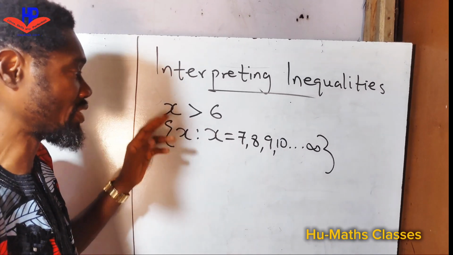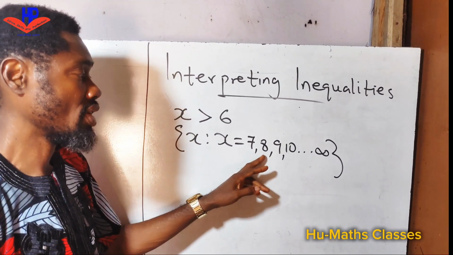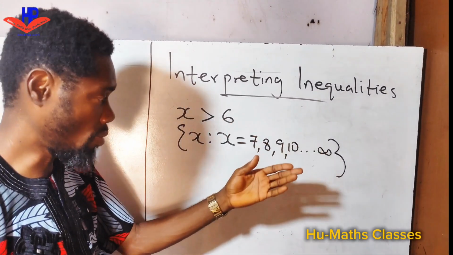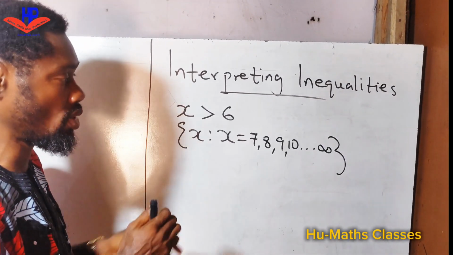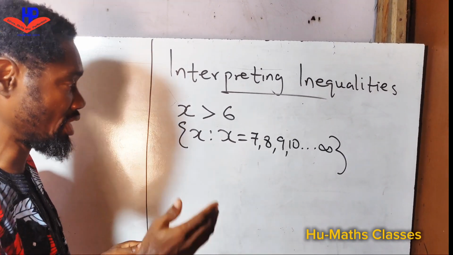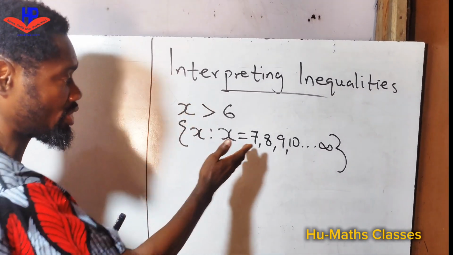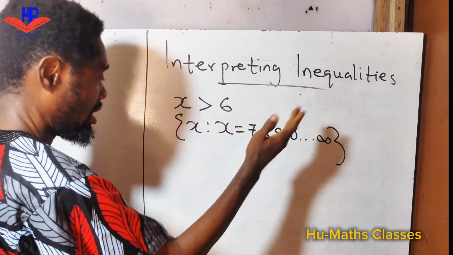And numbers greater than 6 are numbers from 7, 8, 9, 10 upward. So that is the first thing you should understand about this inequality: x greater than 6 will bring to us numbers from 7, 8, 9, 10 upward.